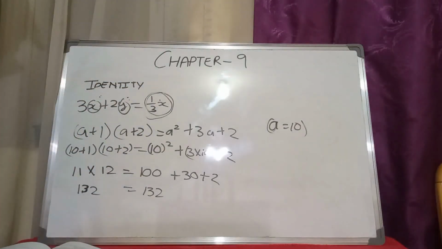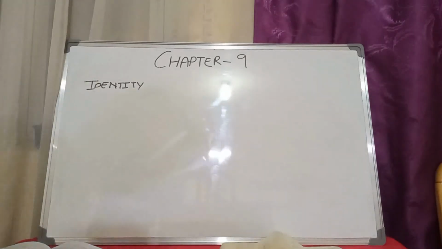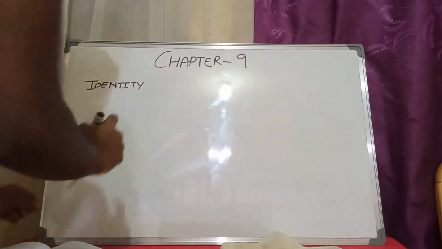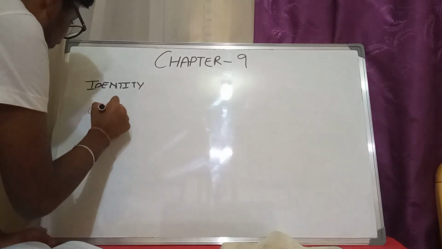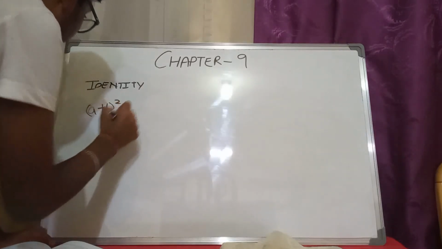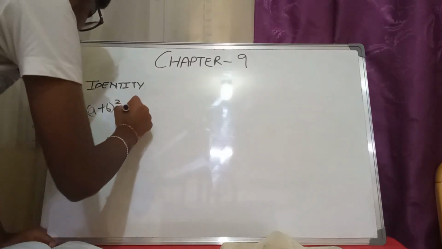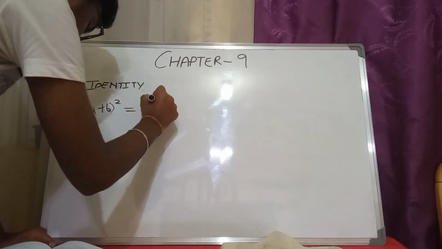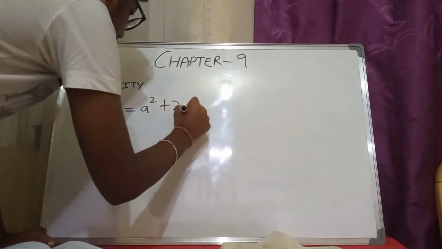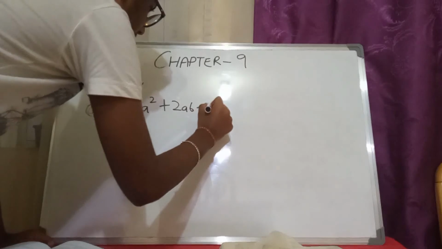Now we look at the standard identities. There are three standard identities and one more useful identity that we will be learning in grade 8. The first identity is (a plus b) the whole square equals a square plus 2ab plus b square.